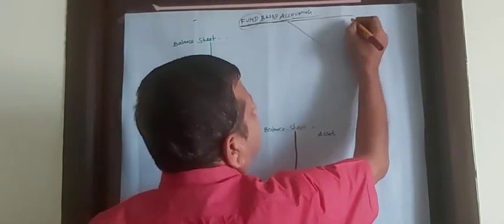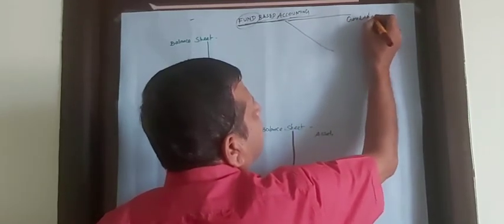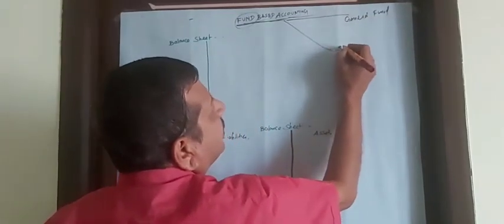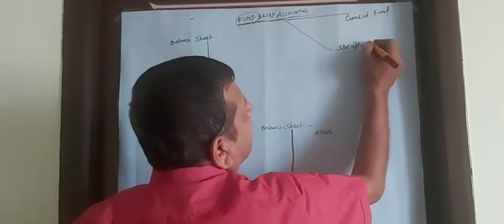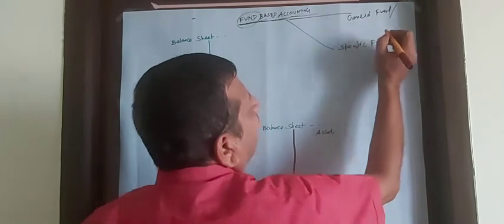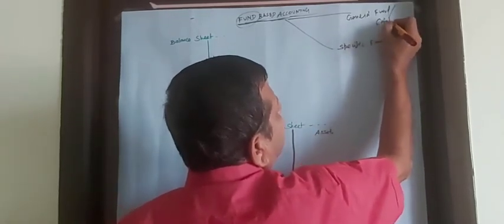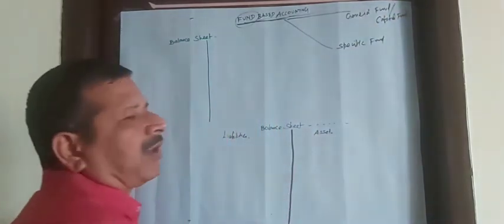One is the general fund. Another one is the specific fund. The general fund is otherwise called the capital fund.